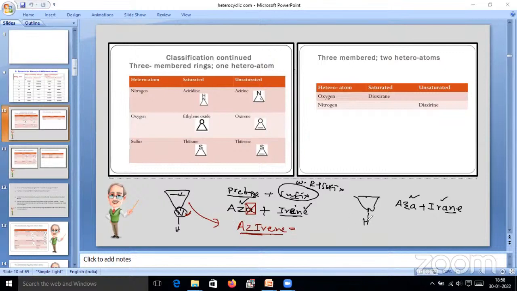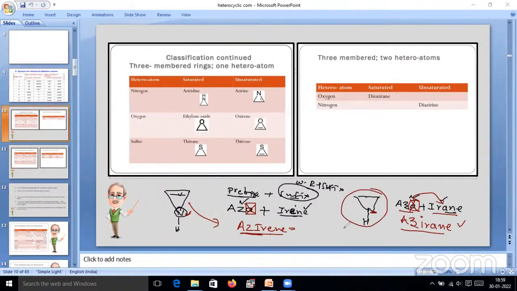How can we write this one? So this is the prefix, this one is suffix. You can delete this last letter A from prefix aza, the prefix add to suffix irane, that is aziridine. Aziridine is the IUPAC nomenclature for nitrogen containing 3-membered saturated heterocyclic system.